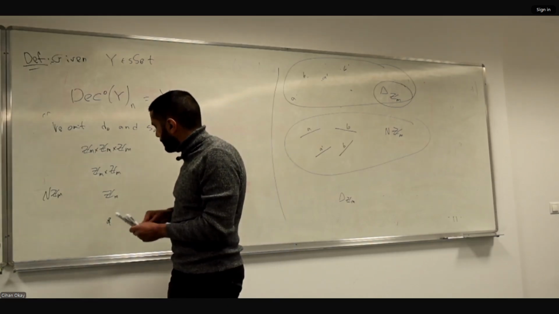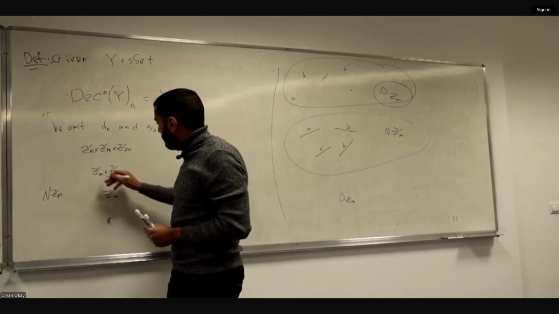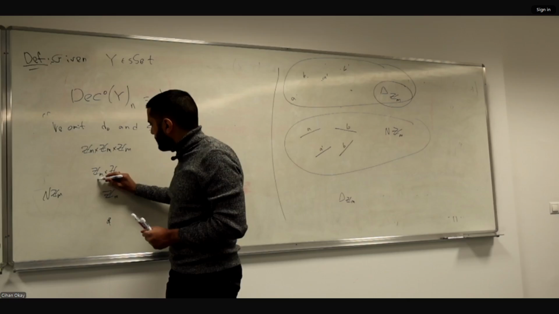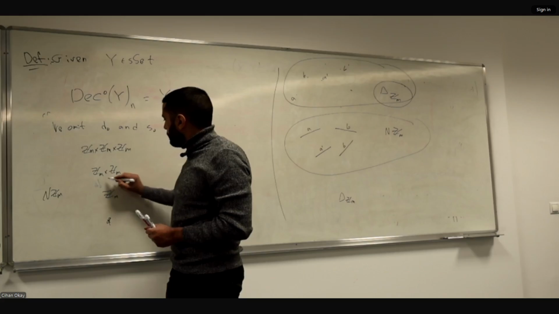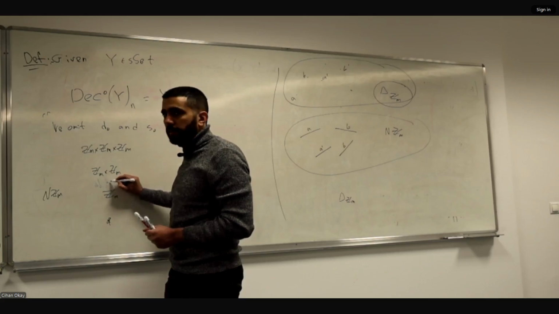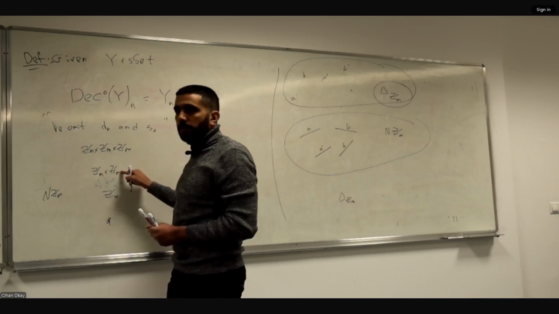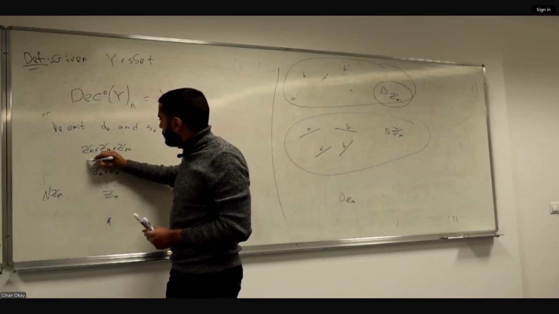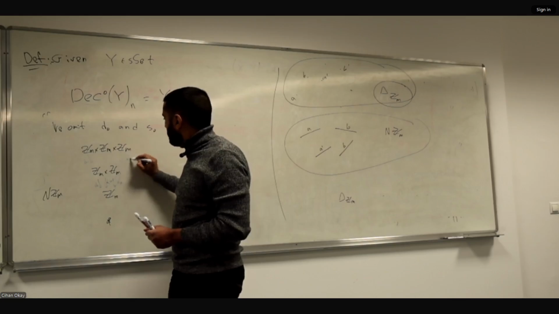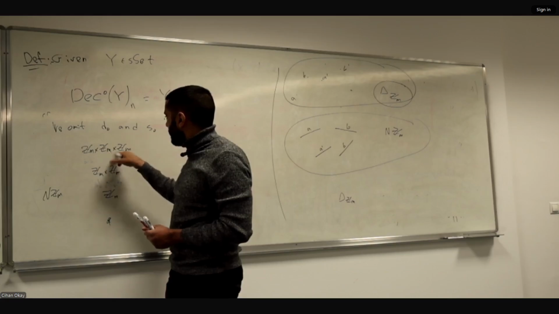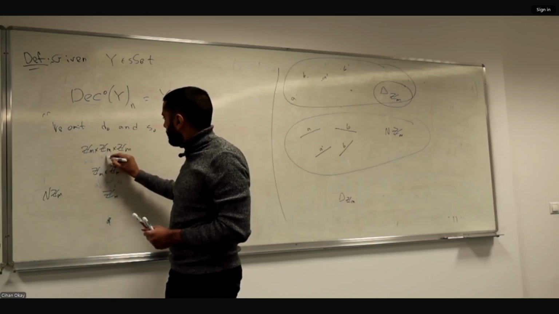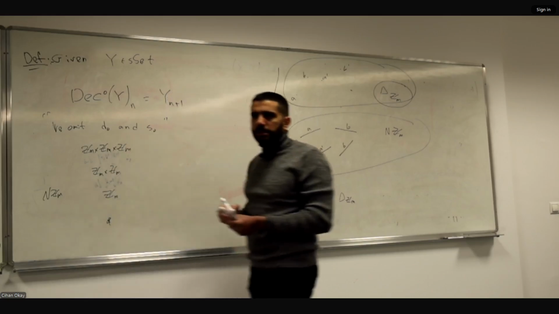Here it's obvious what D0 and D1 are, but from here to here we have three maps: D0 by omitting the first one, D2, and D1, which is the sum. And here we have D0, also omitting the first one, and D3, but D1 is the sum of this and this, and D2 is identity and sum. You understand the rules here.